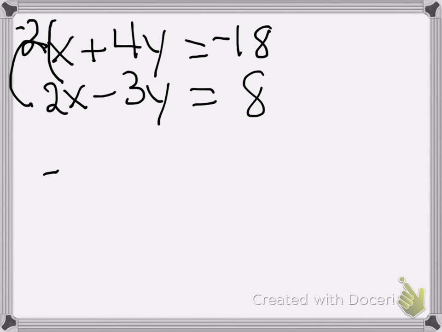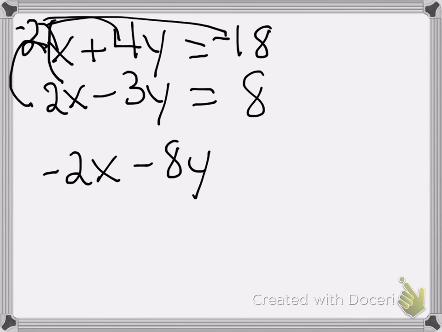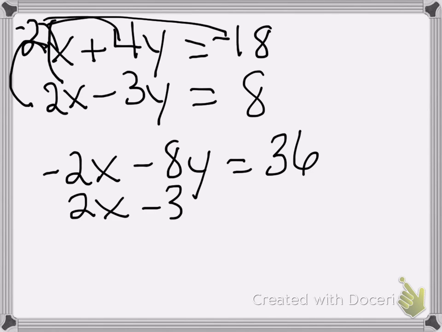The top becomes -2x, and then I'm multiplying this by -2 as well, so that's -8y. And I'm going to multiply this one by -2. -2 times -18 is +36. And then I do nothing to the bottom except rewrite it because it's going to cancel right out for me.